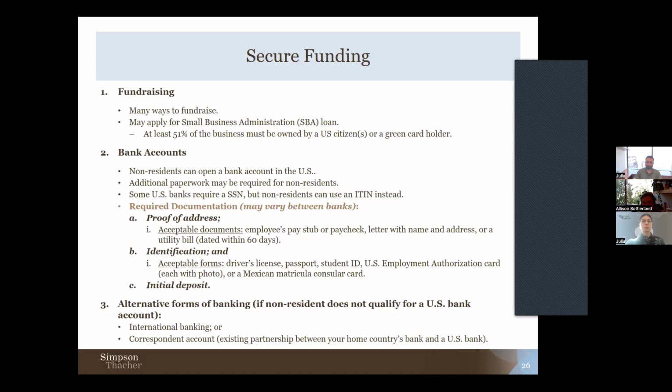And then finally, typically banks will ask for you to provide an initial deposit into the bank account that you open as well. And then some alternatives for banking, if you're a non-resident who cannot qualify for a US banking account, would be international banking or a correspondent account. This is an existing partnership between your home country's bank and a US bank.